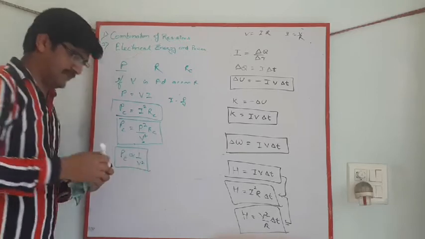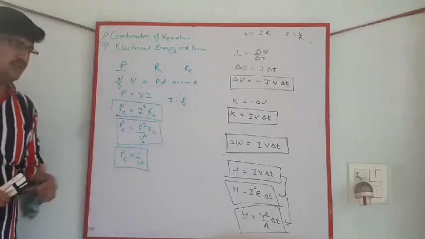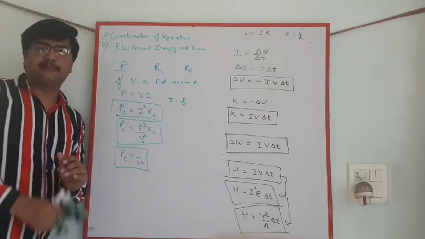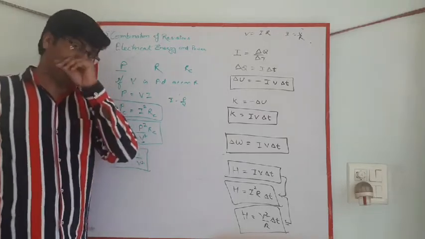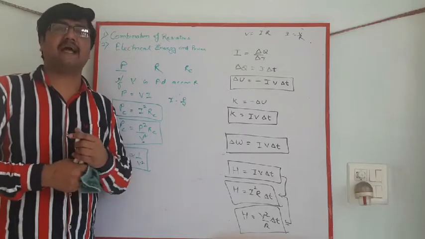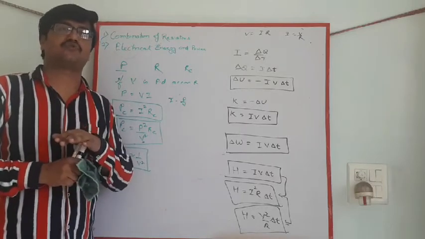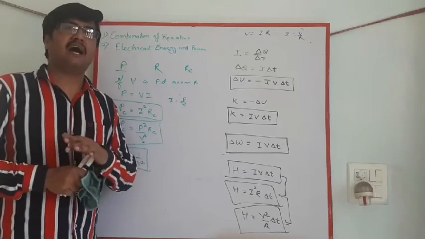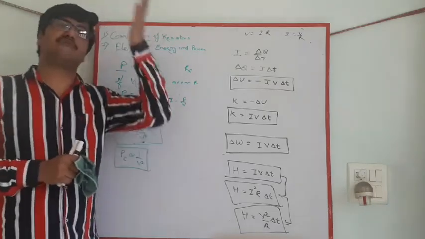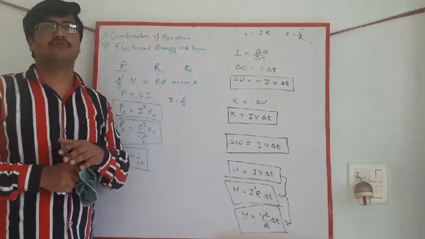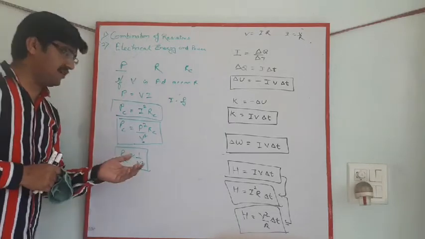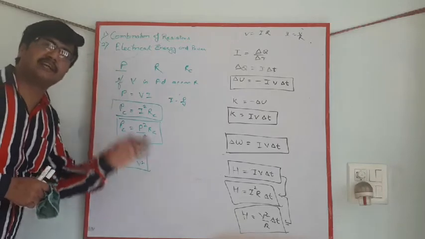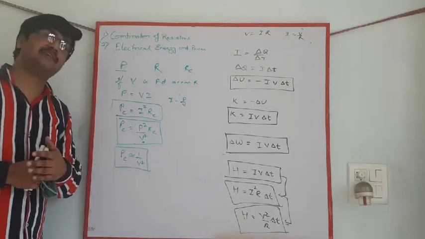The power dissipation or power loss is inversely proportional to voltage square. That means if I have to make a power transmission to a long distance by cable, I have to increase the voltage to a significant value. As I increase the voltage, the power loss will decrease significantly.